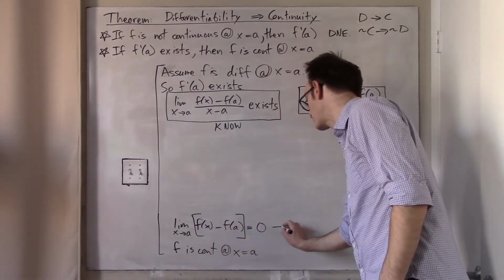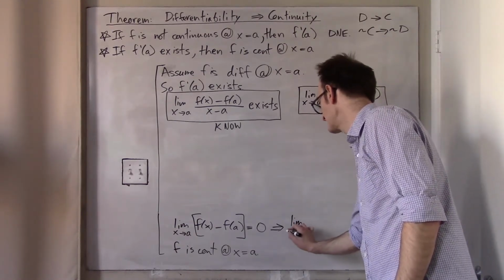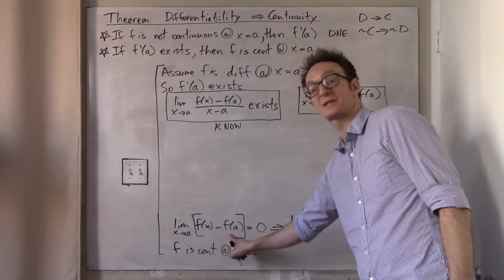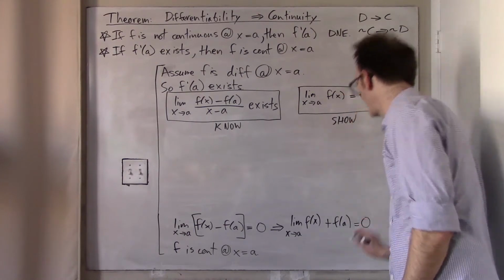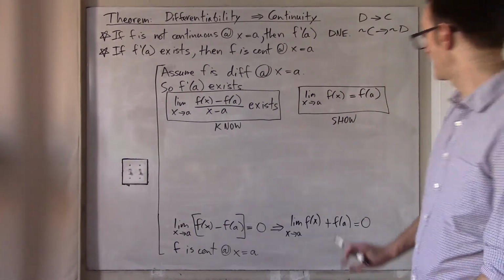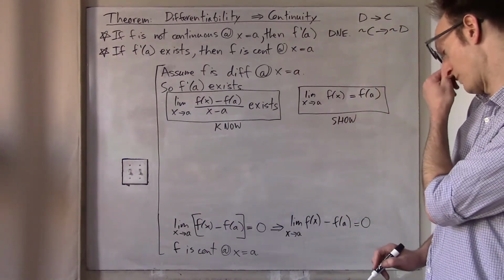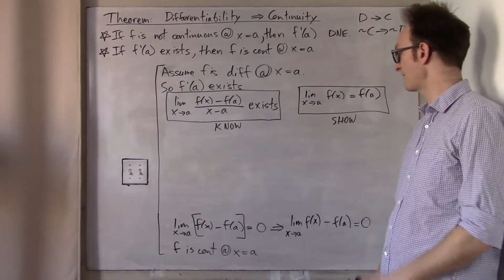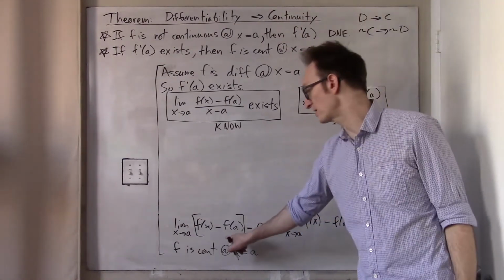So I split the limit up, but f of a is just a constant. The limit of f of x minus f of a is 0, and then by moving that f of a over to the other side, that gives me the definition of continuity. Okay, so everything just hinges on showing this little fact.